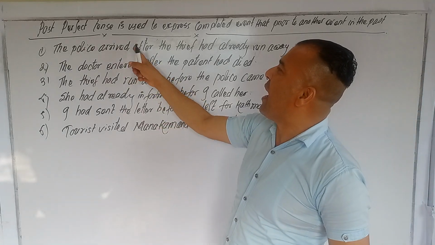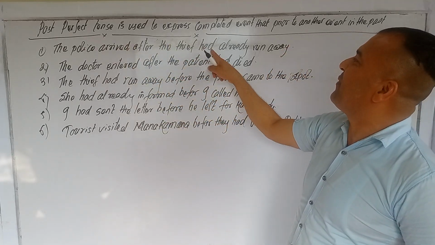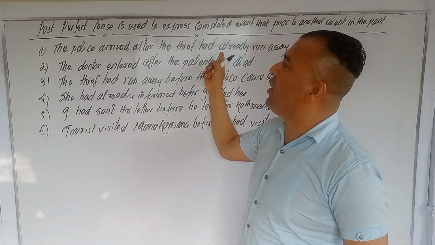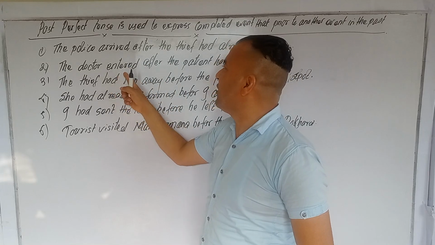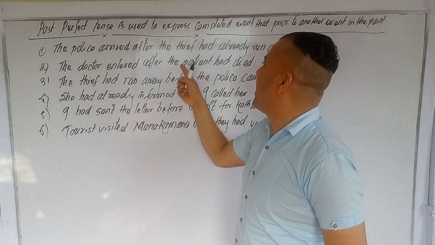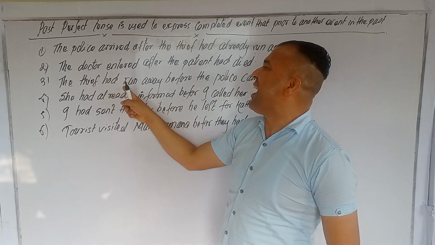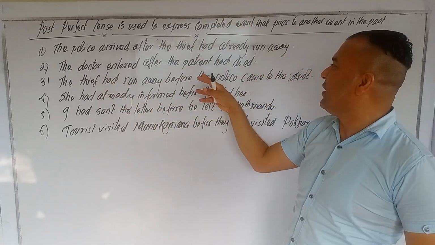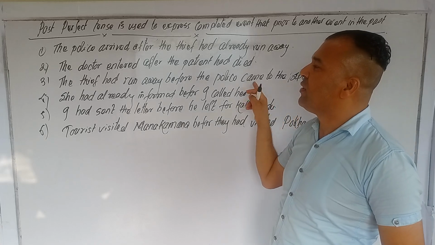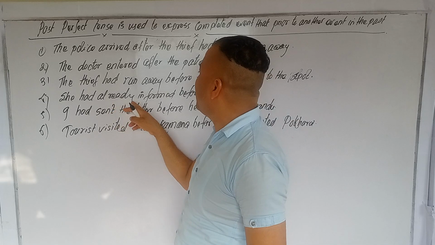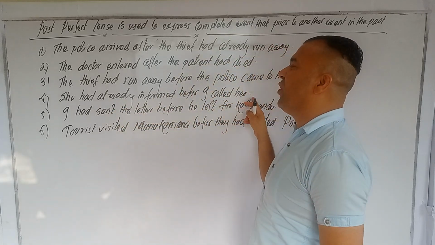The police arrived after the thief had already run away. These things are already complete. The doctor entered. Patient had died. This is already completed. The thief had run away. Already completed. Police came to the spot. She had already informed before I called her.